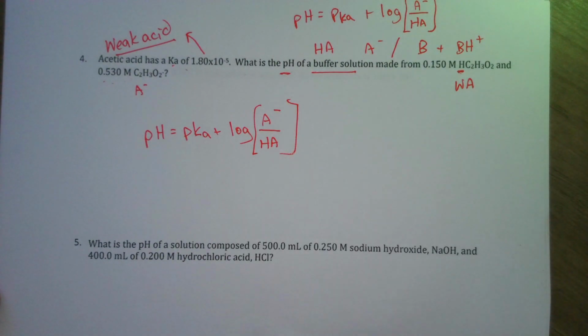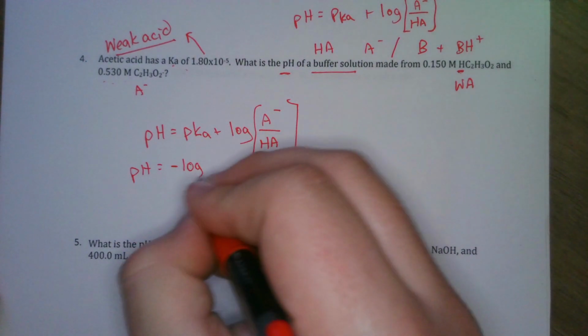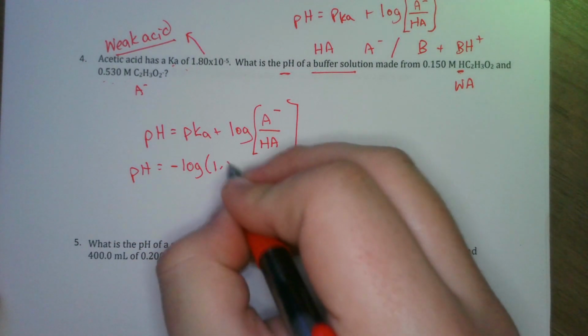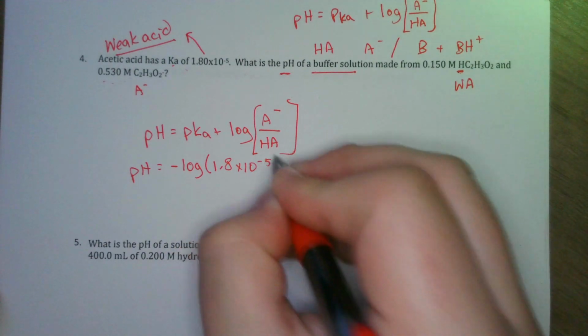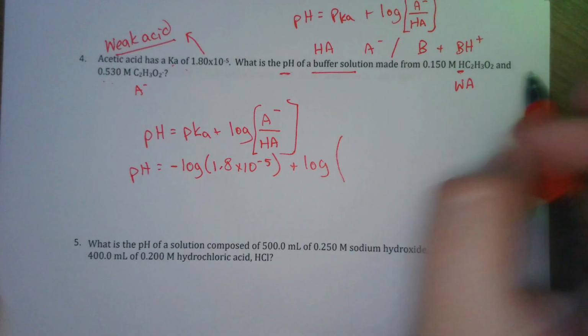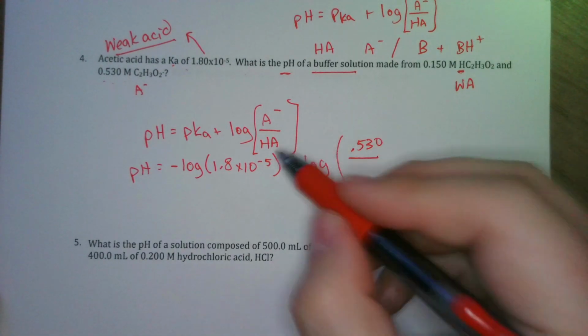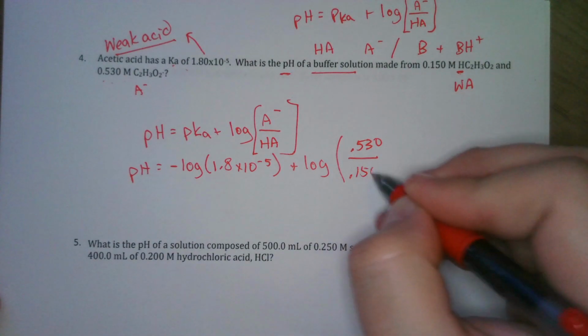Okay, write my formula. pH equals negative log Ka, which is 1.8 times 10 to the minus 5, plus the log of my base concentration, which is 0.53, over my acid concentration, 0.150.